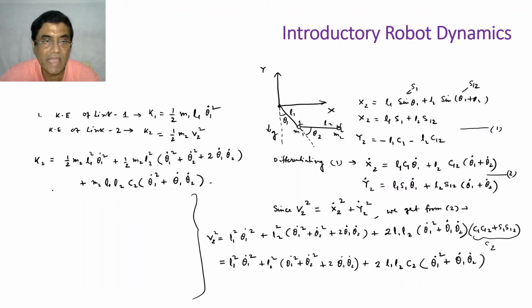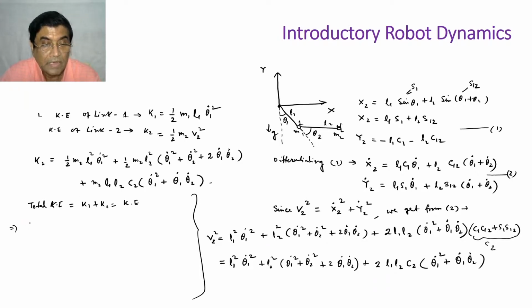So once we have K1, K2, then we can calculate the total kinetic energy. Total kinetic energy equals K1 plus K2 equals, say, K. So we have to add these two.